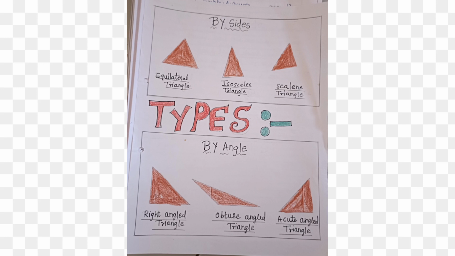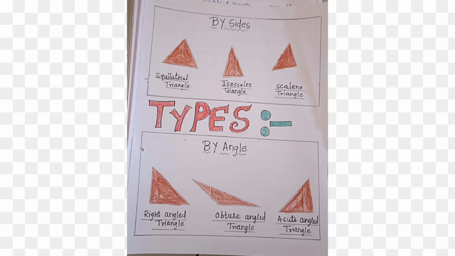Do you know what an equilateral triangle is? From the name, we can guess that the triangle having each side equal is known as an equilateral triangle. Yes, absolutely correct. The triangle which has all sides equal is known as an equilateral triangle.